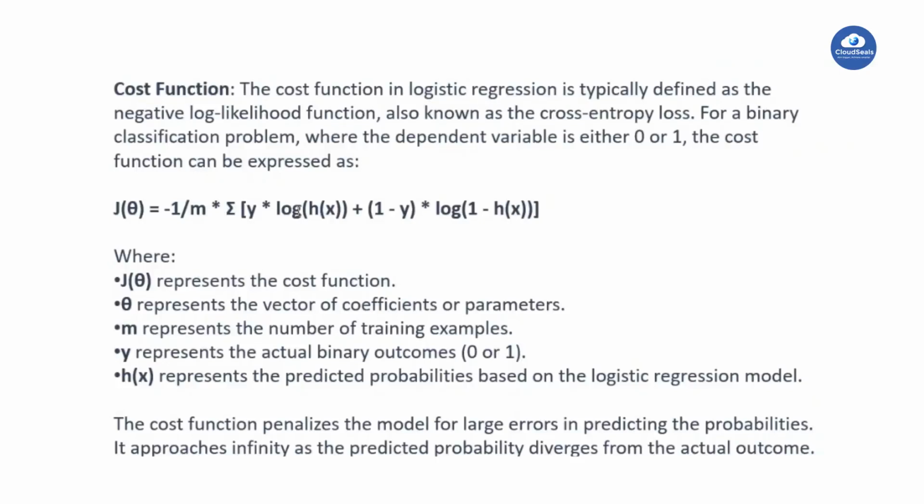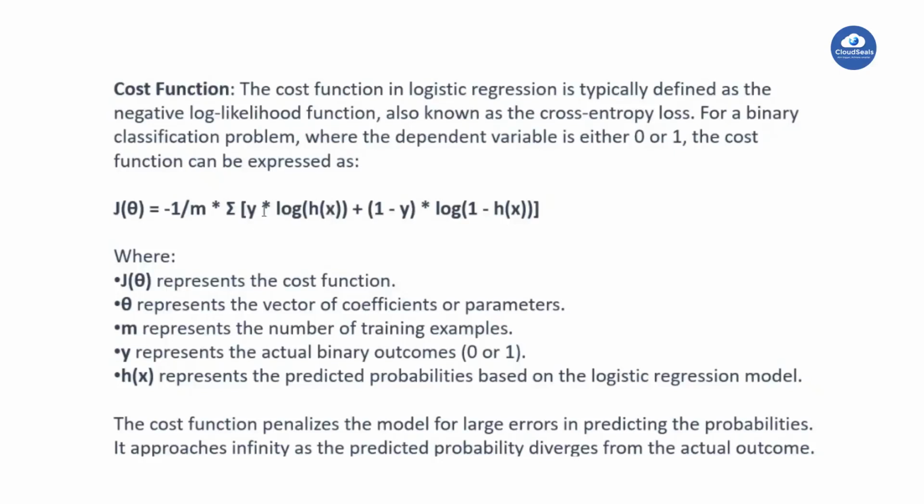That's why we use y log h(x), where h(x) means the predicted probability value, and (1 minus y) log(1 minus h(x)). Here y is either 0 or 1, class 0 or class 1. A zero term doesn't have any value.